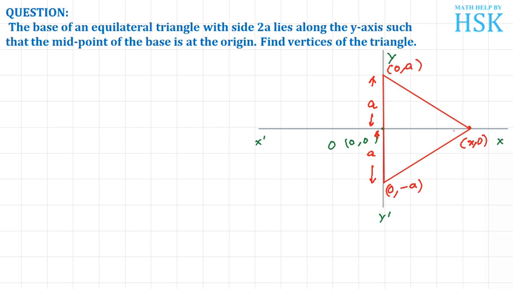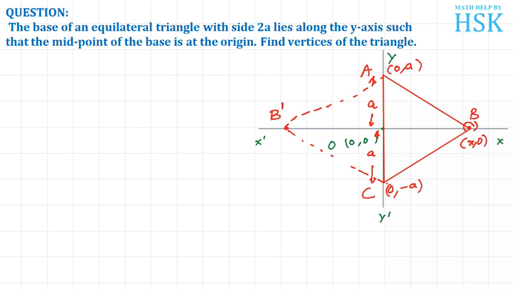Suppose this point is A, this point is B, and this point is C. Then there is another possibility that the third vertex, which is B, can lie this side also, that is on the negative x-axis. So I can assume that this point is B dash, and there is another possibility to complete an equilateral triangle like this. So there are two equilateral triangles possible.